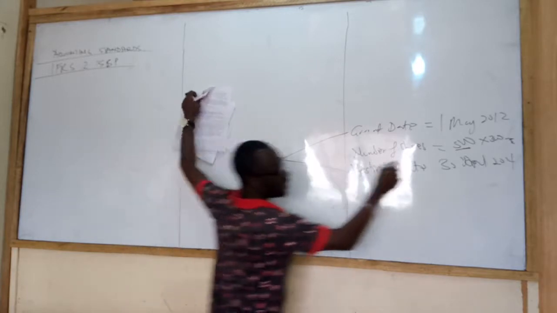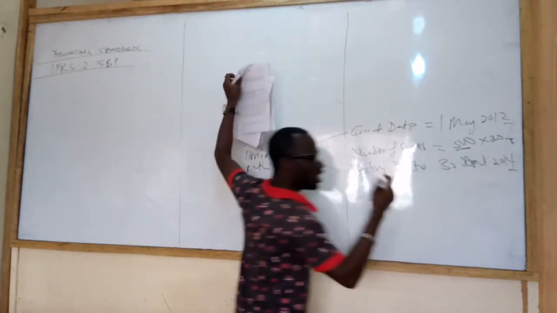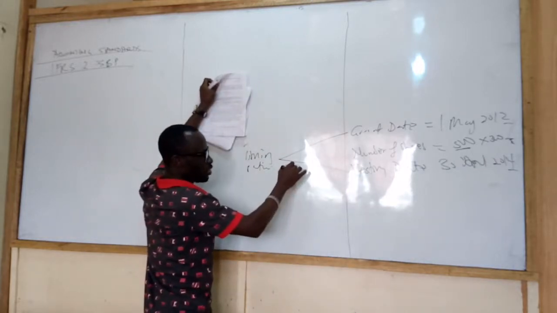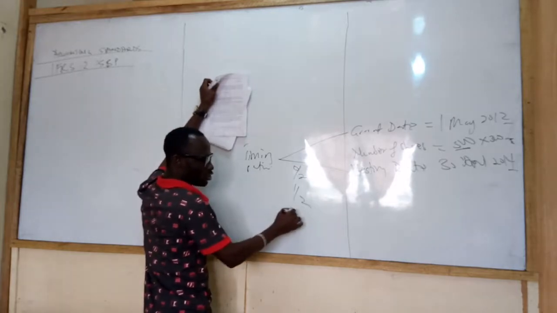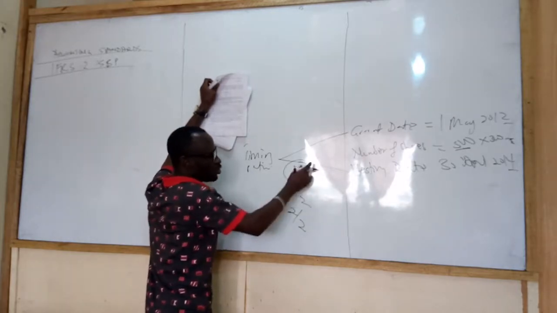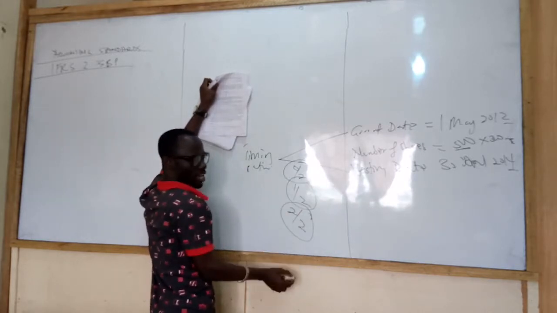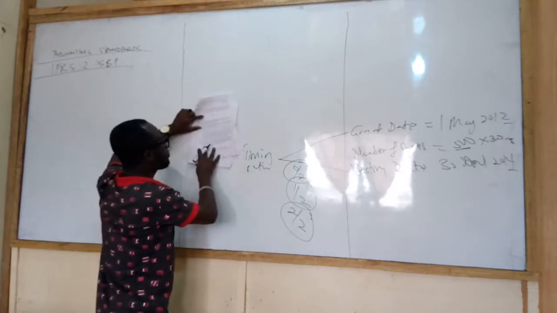If you check, from 2012 to 2014, that means how many years? 2 years, isn't it? So the timing ratio is going to be 0/2, 1/2, and then 2/2. But the 0/2 will give you 0 at the end of the day. So start from here and go here, isn't it? So that's it. Next.